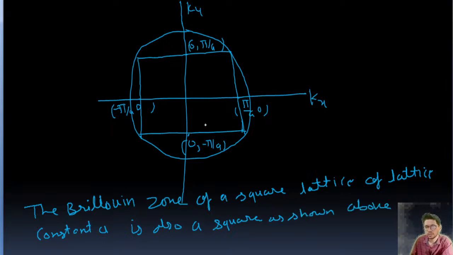Okay, so oh yeah, this is a square, right? So the first Brillouin zone is itself a square.